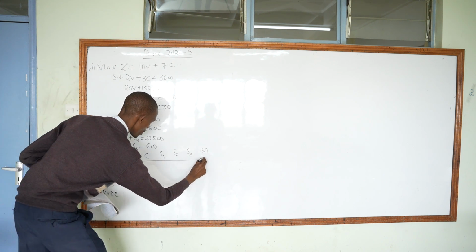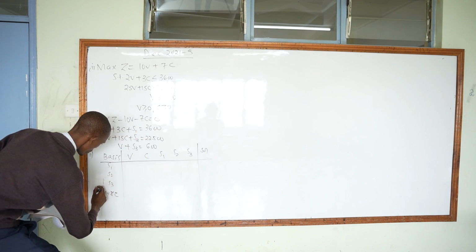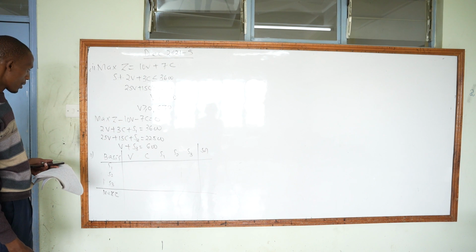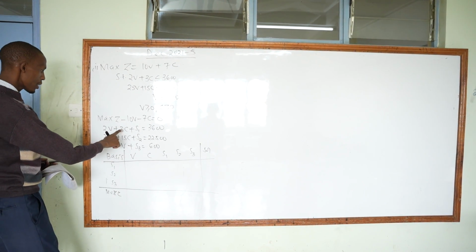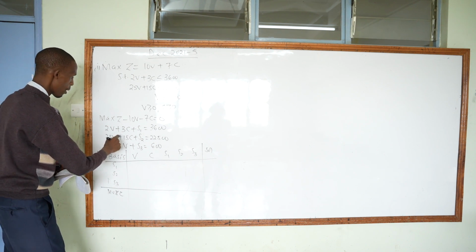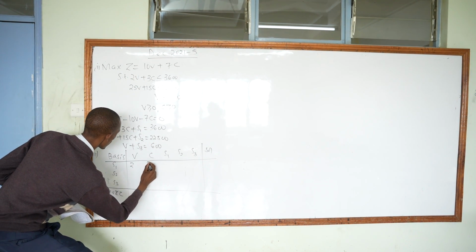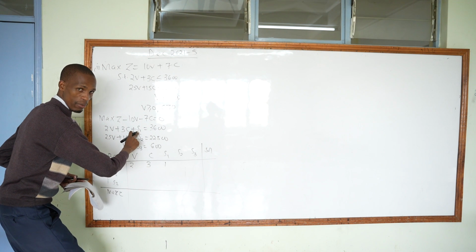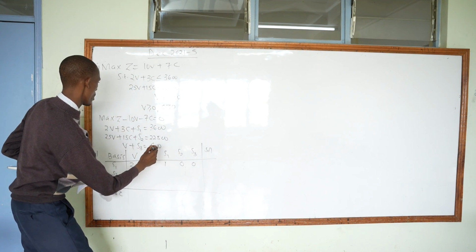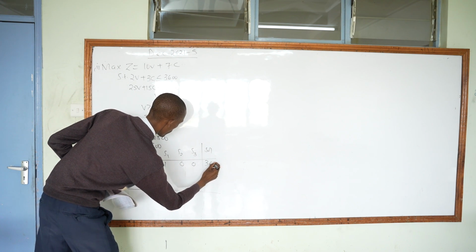How are we going to do this? Sorry, I'm writing down because for this question we need more space. So for slack equation number 1, we have 2, 3, 1, because it's slack, then the others will be 0. Solution is 3600.